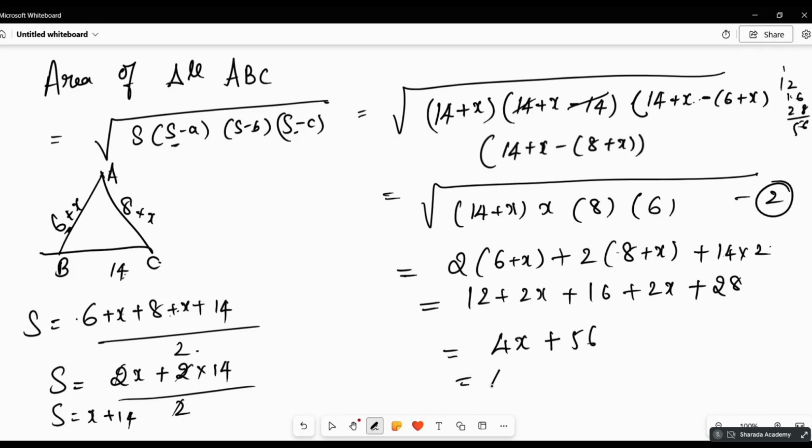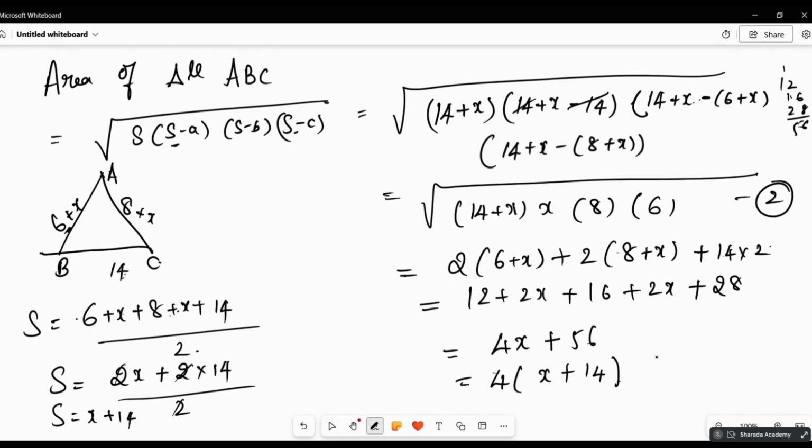Take 4 common here. What else is remaining? x plus 14 you will get.